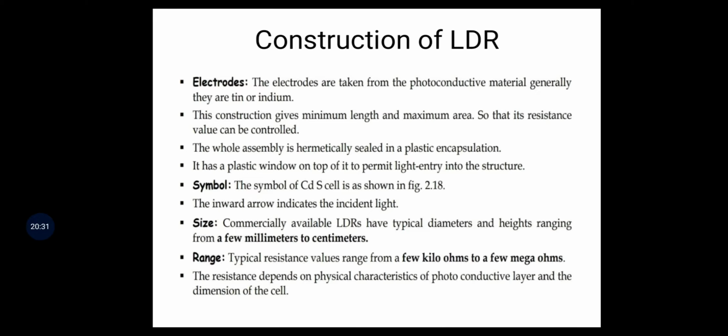The whole assembly is hermetically sealed in plastic encapsulation to protect the cadmium sulfide and electrodes. It has a plastic window on the top to permit light entry into the structure.